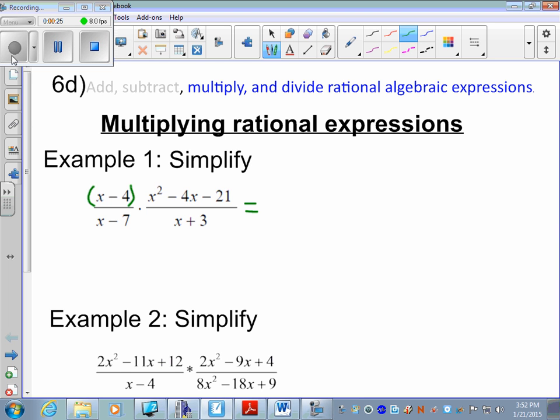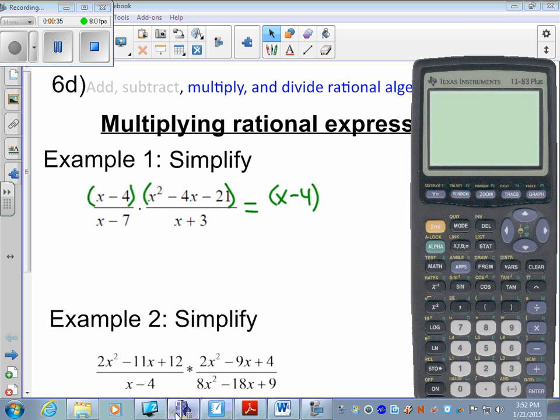So x minus 4, can I factor it? No, it cannot be factored any further. Factor x squared minus 4x minus 21. The way I've taught you to factor is using the calculator. Put it in the calculator, graph it, and look at the table.